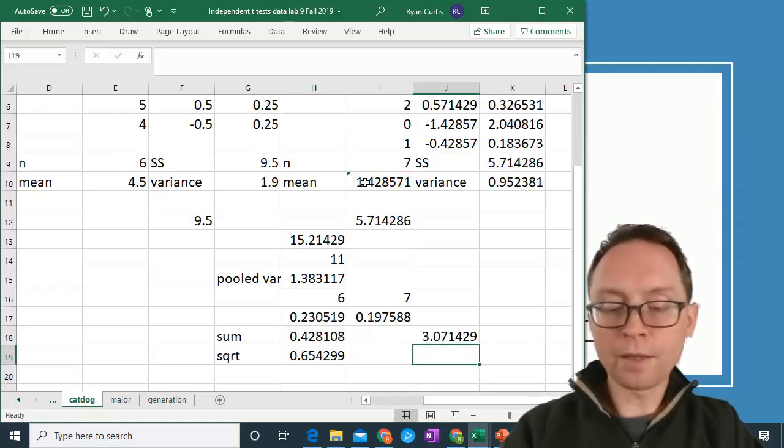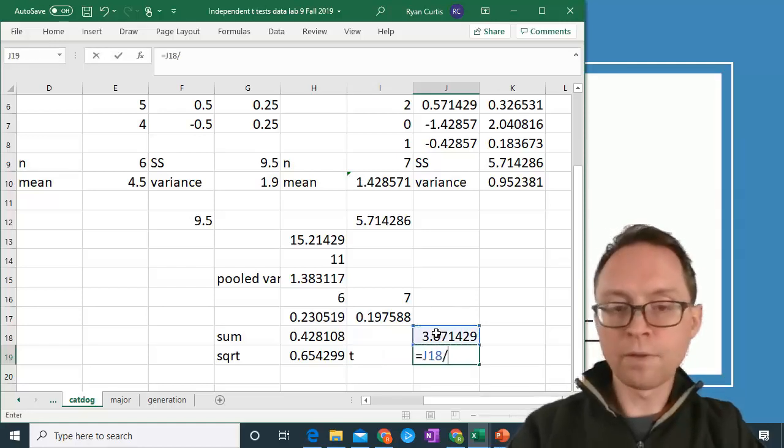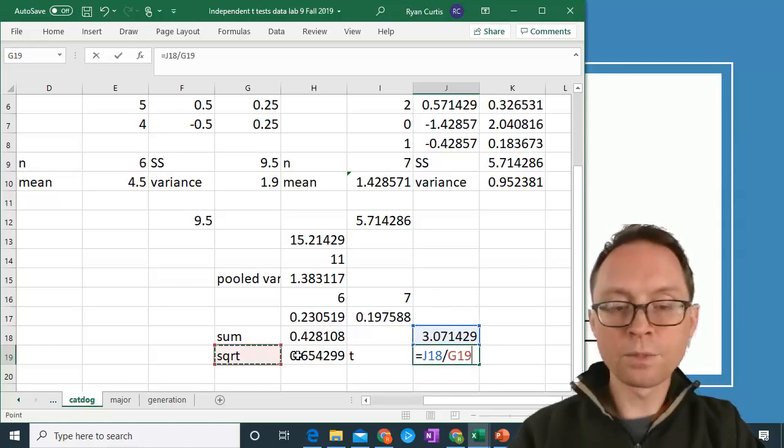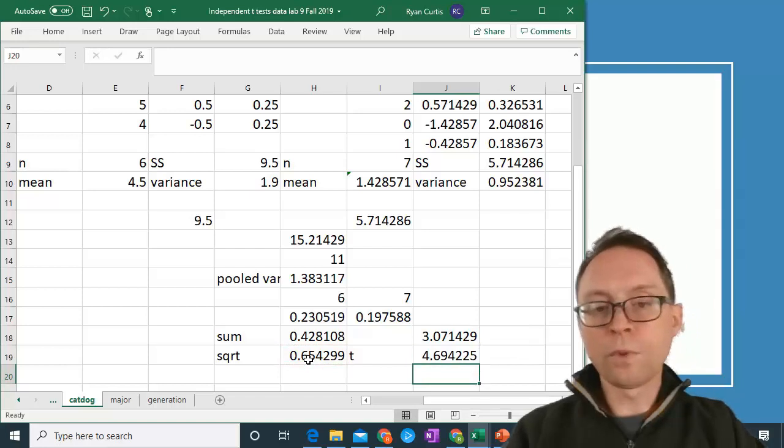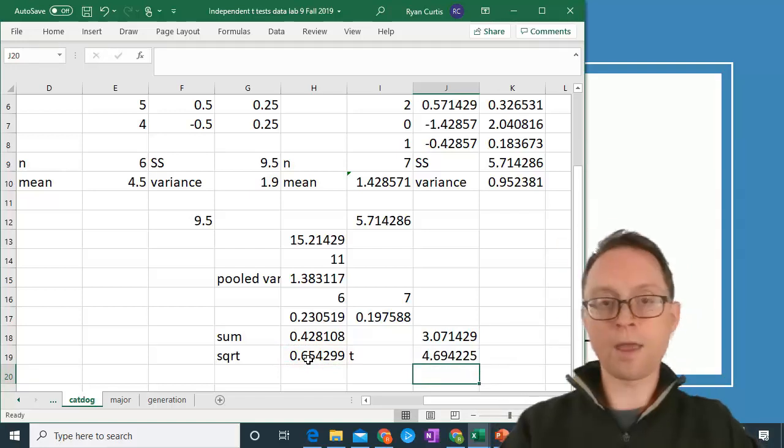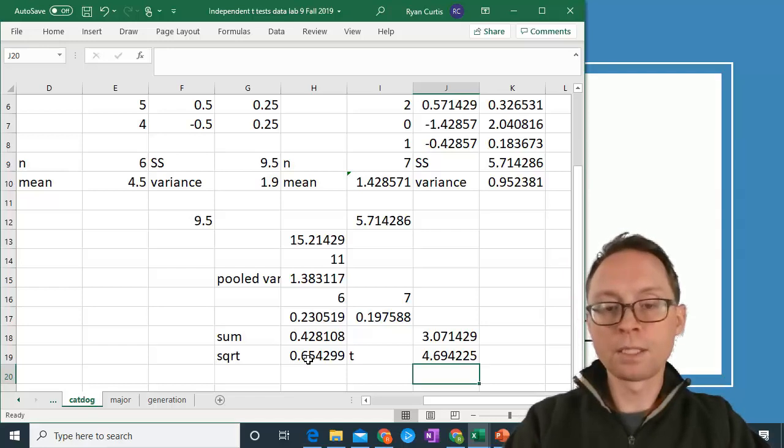And then we're going to divide it to get t. So t is going to be this divided by, whoops, by that. 4.69. 4.69 is our T statistic.